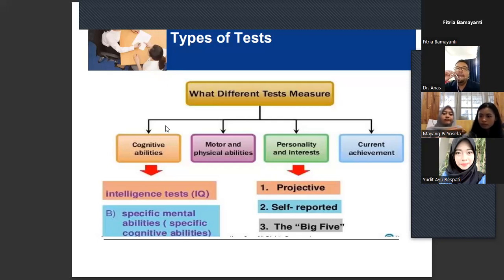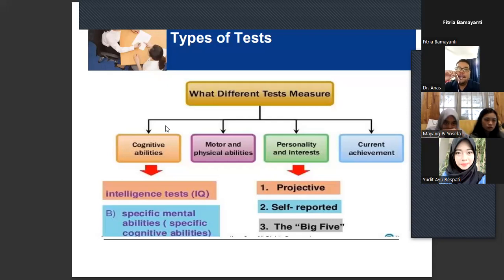So the first level, maybe the test of the IQ, the cognitive abilities. And then the second about the motor and physical abilities, and lastly personality and interest and current achievement.